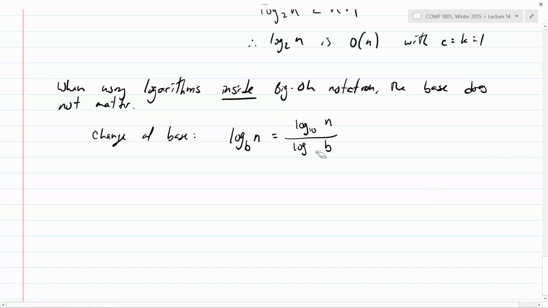So in fact, we don't even write the bases. As long as the base is the same, that's true. So they only differ by a factor of 1 over log b.